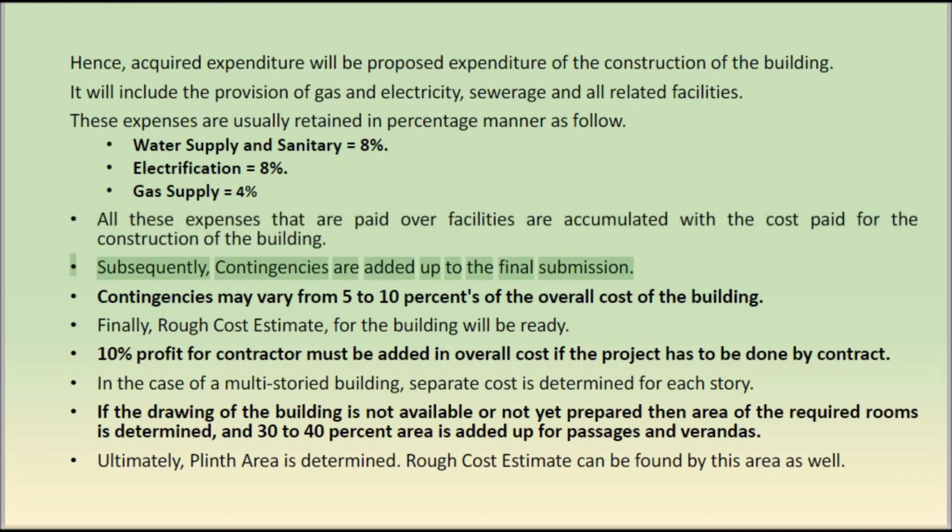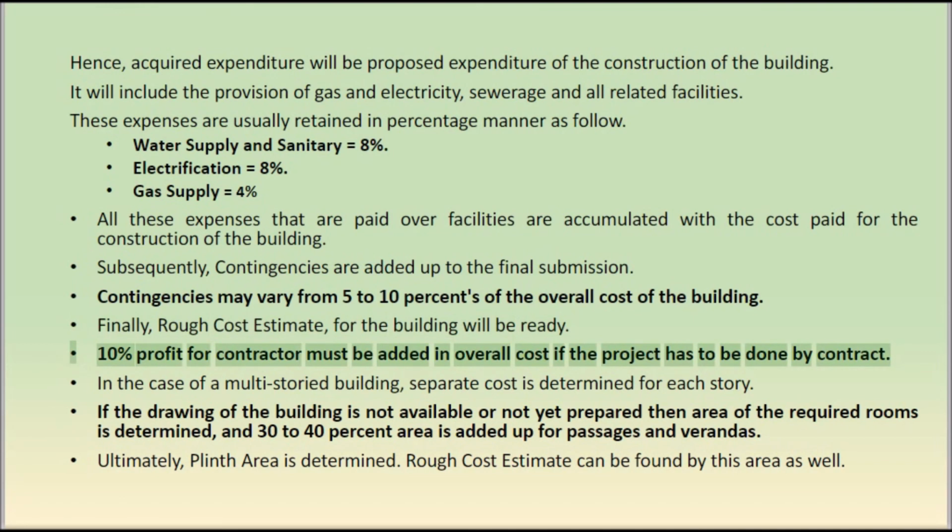Subsequently, contingencies are added up to the final submission. Contingencies may vary from 5 to 10% of the overall cost of the building. Finally, rough cost estimate for the building will be ready.